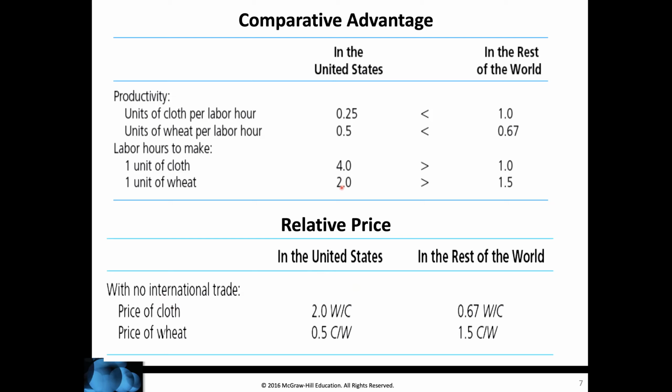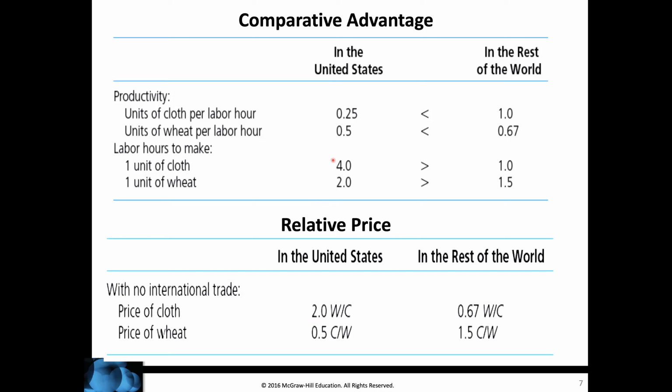So we can compare the price of cloth, or at least price cloth, in terms of wheat. So it's 2 wheat per cloth. And the way we get that math is 4 divided by 2.